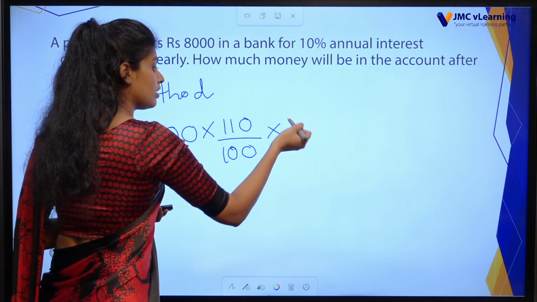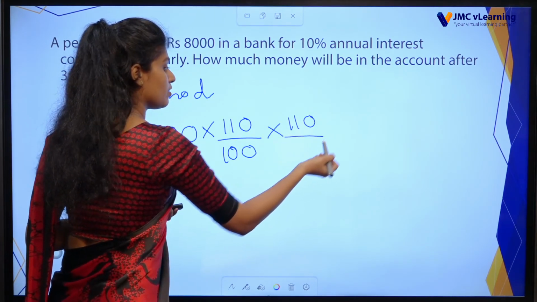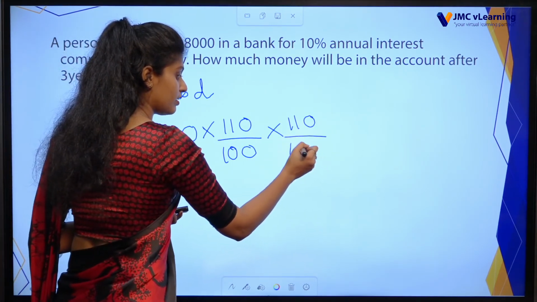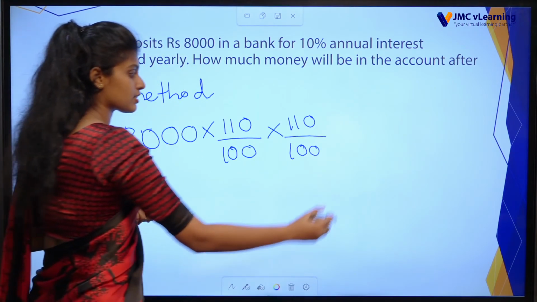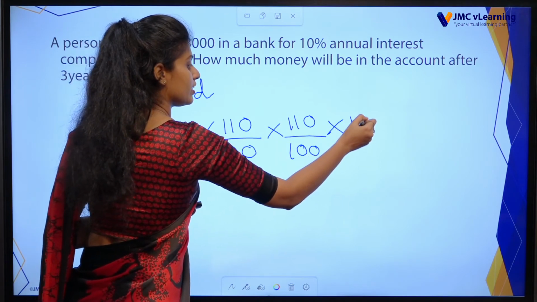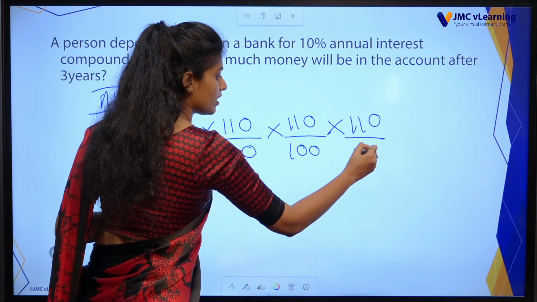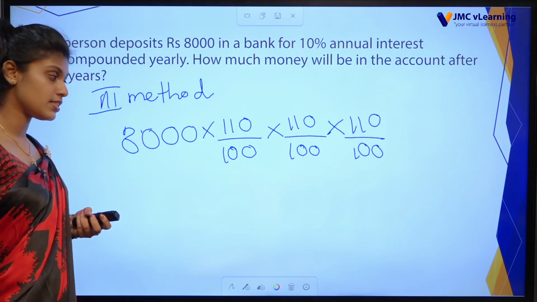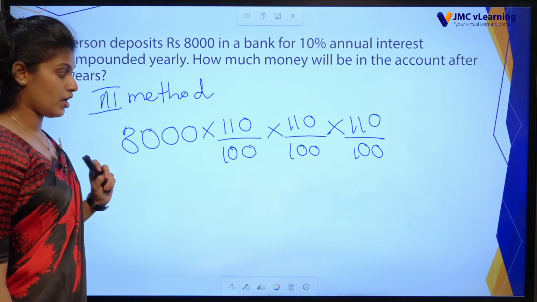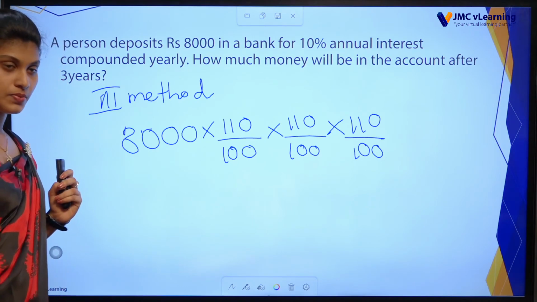Then when you multiply it again by 110 over 100, we can take the amount in the account after 2 years. Then when you multiply it again by 110 over 100, you can take the amount after 3 years in the account.